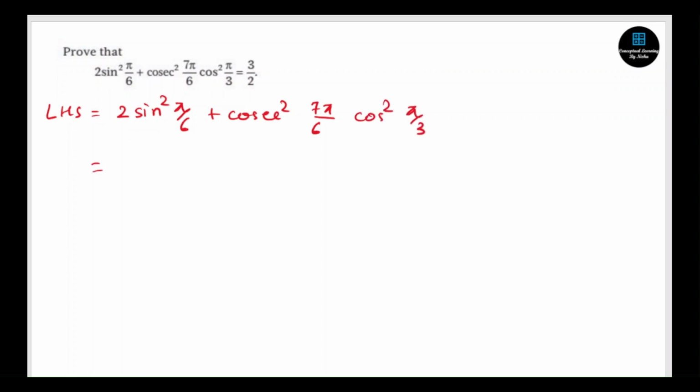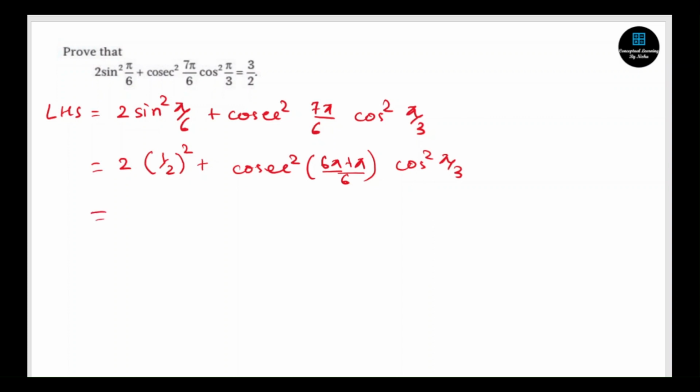Alright, now pi by 6 is 30 degree. So sine 30 degree, we know that. So this is nothing but 1 upon 2 square. Okay. Now cosec square, this I can write as 6 pi plus pi upon 6, right? And then cos square pi by 3.